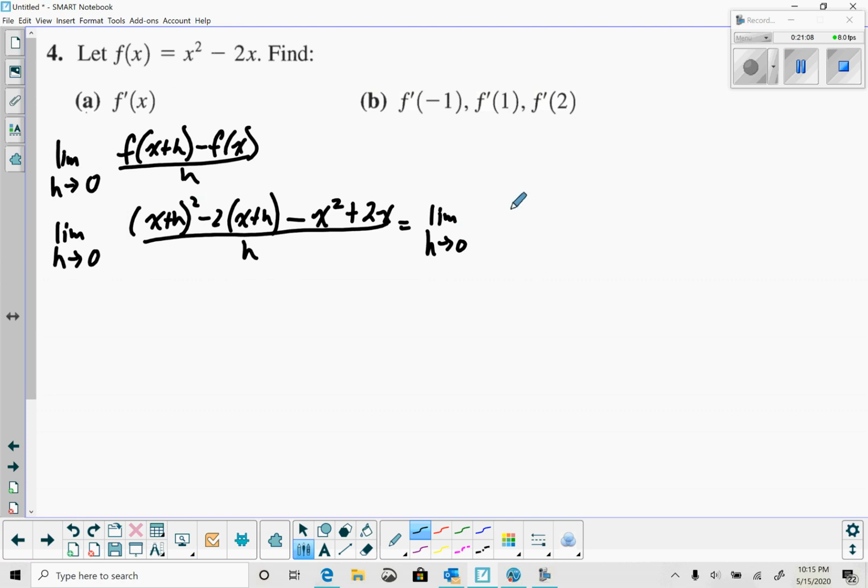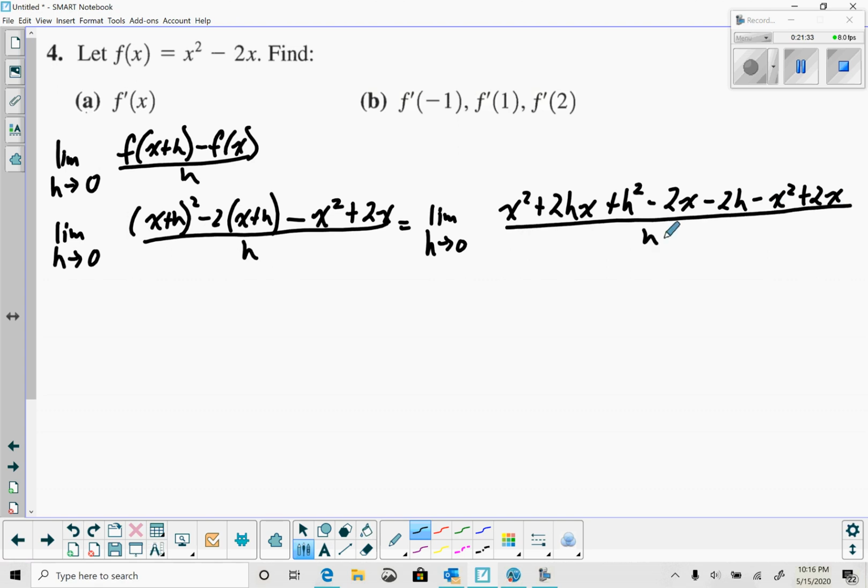Well, x plus h squared, that's a pretty easy quadratic to FOIL out. So we'll get x squared plus 2hx plus h squared minus 2x minus 2h minus x squared plus 2x all over h. Combine like terms. Hey, not a shocker anymore.